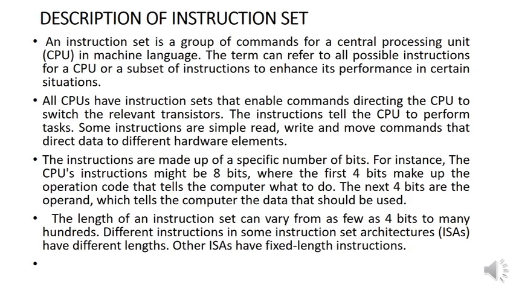All CPUs have instruction sets that enable commands directing the CPU to switch the relevant transistors. The instructions tell the CPU to perform tasks. Some instructions are simple read, write, move commands that direct data to different hardware elements.